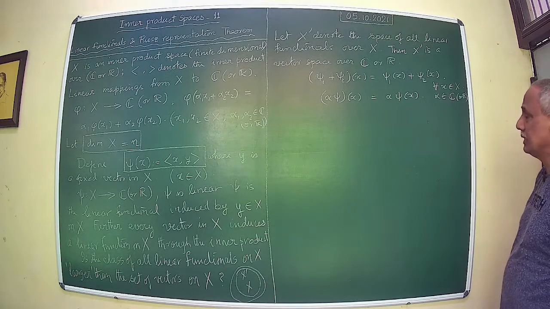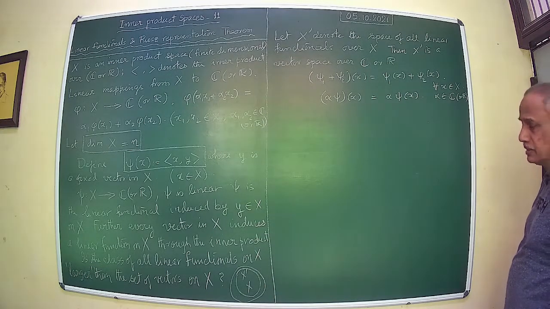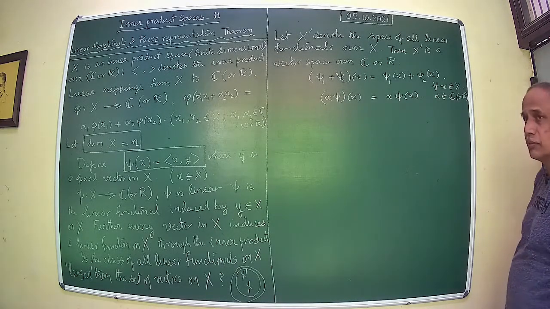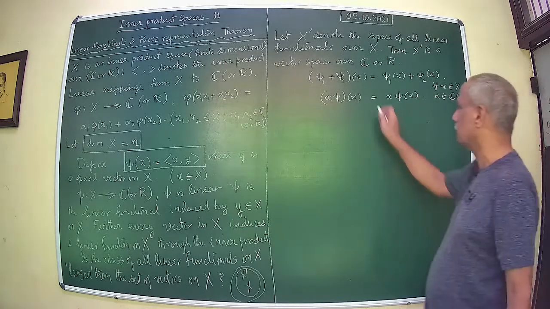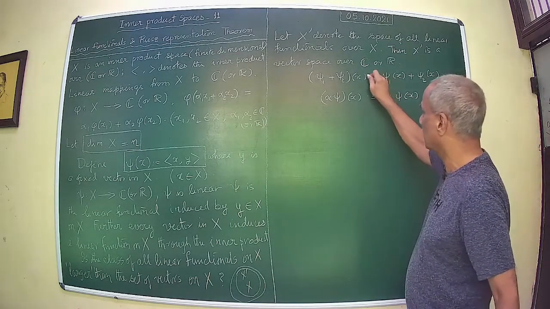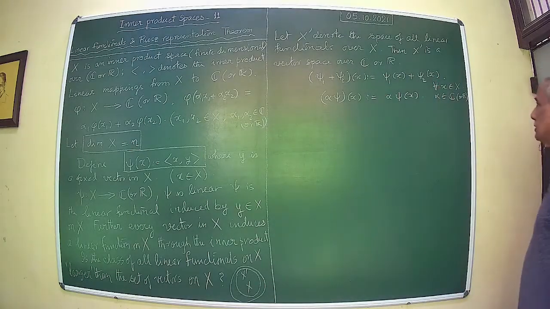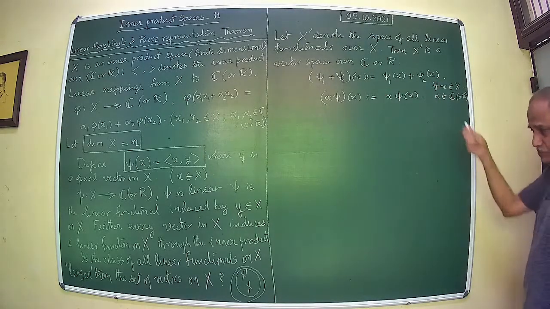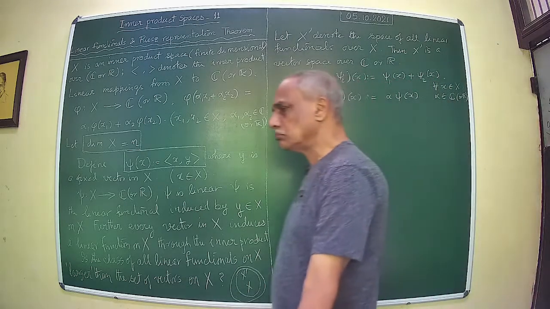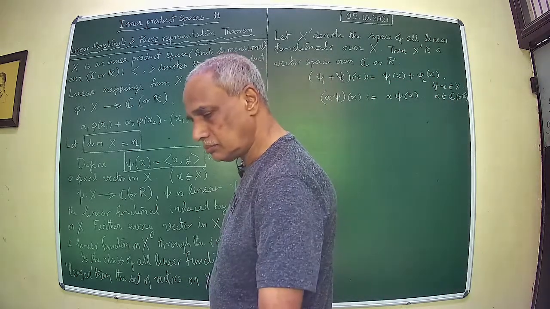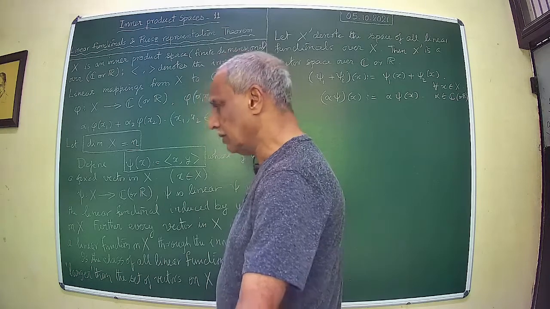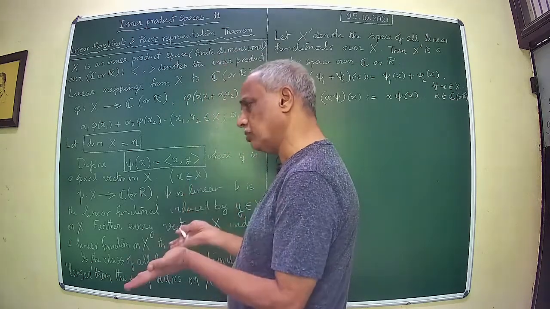Now, you see that sum of linear functionals is a linear functional, scalar multiple of a linear functional is a linear functional. Okay. This is quite easy to verify.